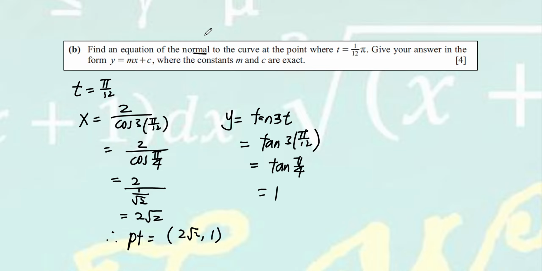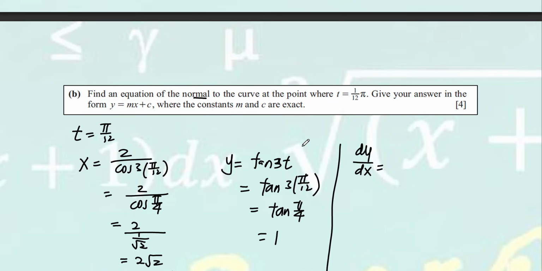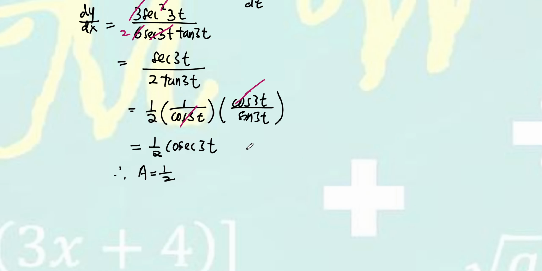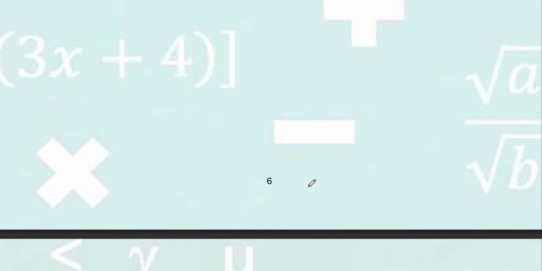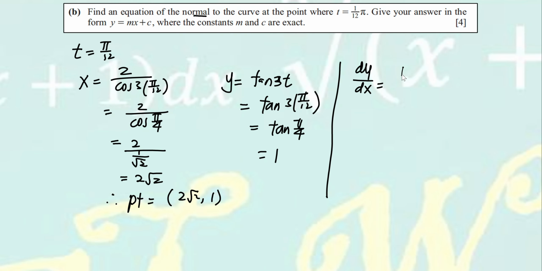Now the equation of normal needs the gradient of the tangent, so dy/dx. Just now we have found half cosec 3t. Cosec is 1 over sine, and 3t is 3 times pi over 12.